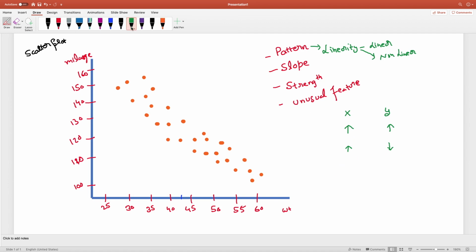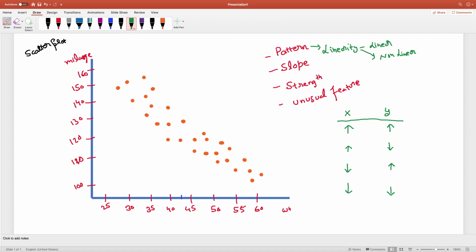The other possibility is x is decreasing and y is increasing, right? And then we can have x decreasing and y also decreasing with that. So there can be multiple examples of x and y relationship, and this scatter plot gives you an exact idea about how x and y are moving with respect to each other.